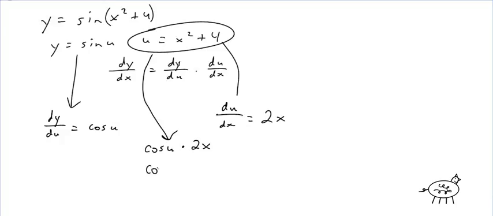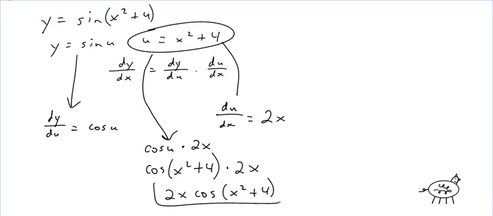And we have cosine of x squared plus 4 times 2x, or a good way to write this is 2x times cosine of x squared plus 4. And that's the answer using the chain rule. It's not too bad. But again, you would not really be able to do this without knowing how to use composite functions.